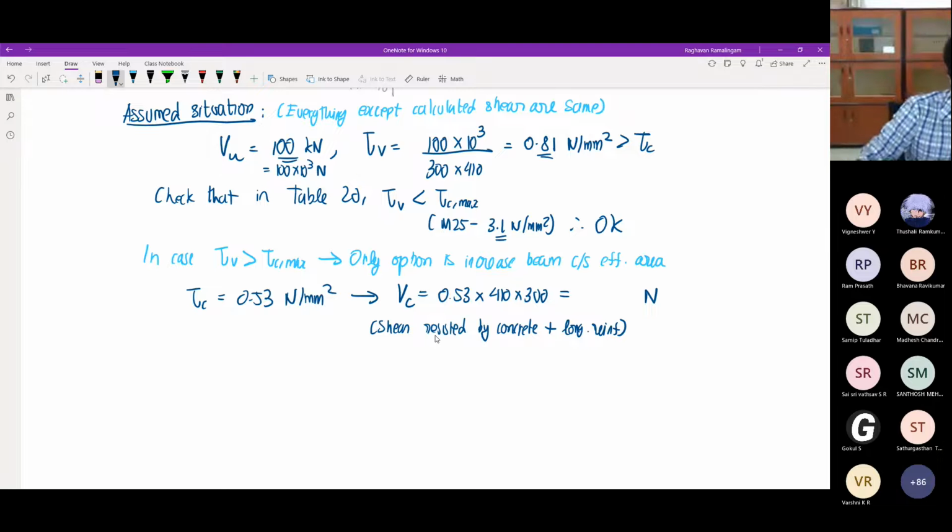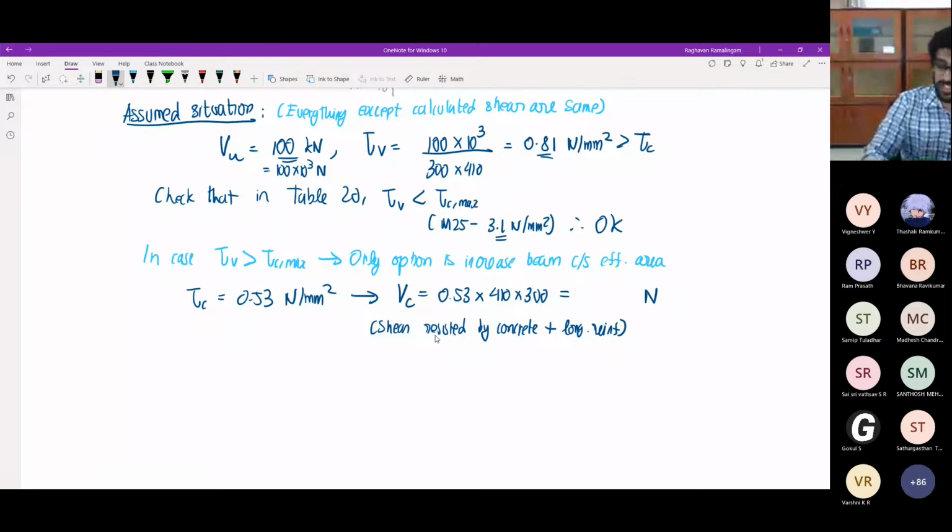So the shear to be taken by the shear reinforcement is given by Vs equals Vu minus Vc. So 100 minus 65.2 is about 34.8. So this much shear has to be taken by the shear reinforcement.